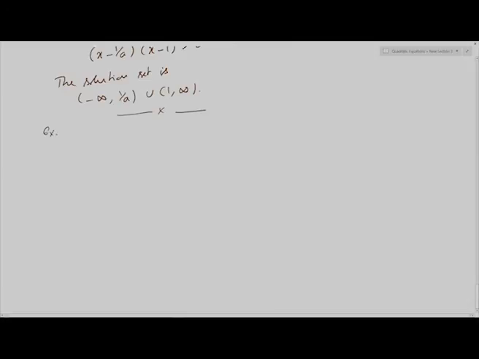Now, let us look at a problem which is converse in nature. That is, I am giving the solution set and then accordingly I am finding the values of the parameters involved.